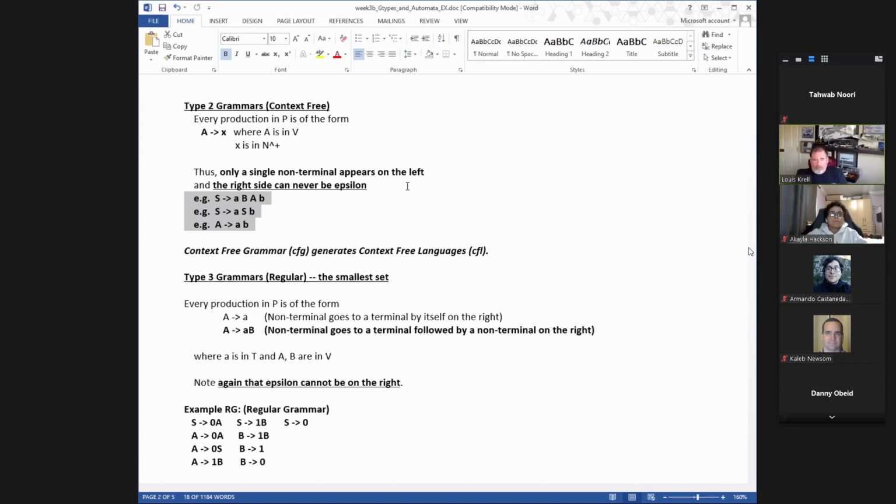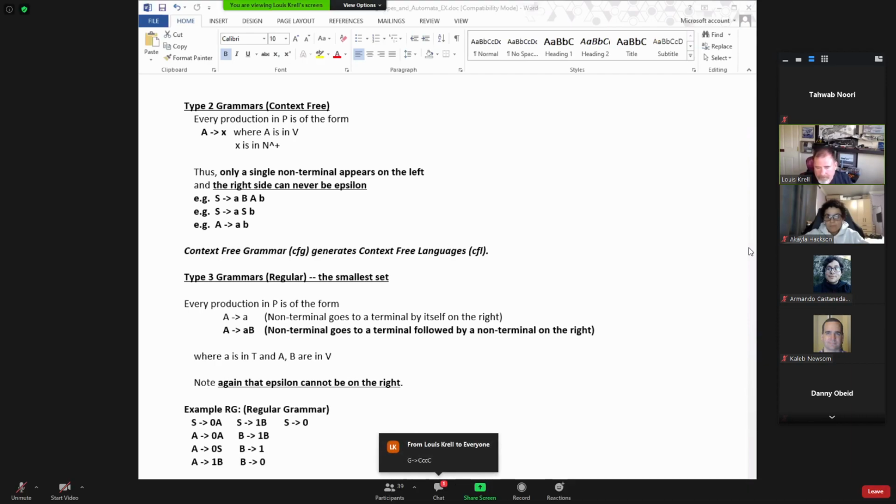Context-free grammars are just a single non-terminal on the left going to any combination of terminals and non-terminals on the right. So if I were to create a new one, I could say G goes to C, C, C, C. And of course, there's an example.